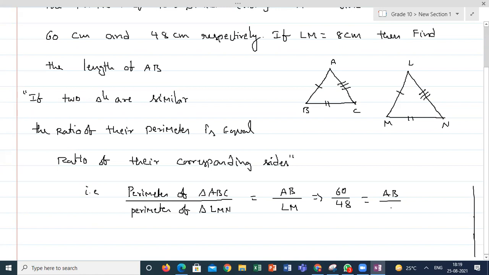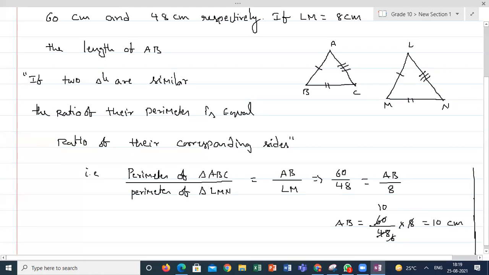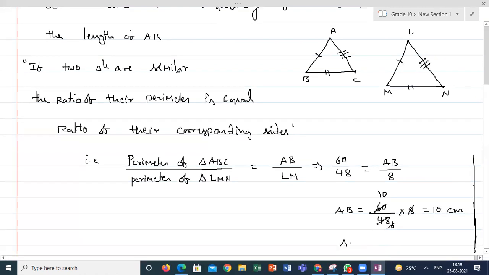The length of LM is 8 centimeter. So the value of AB is 60 by 48 into 8. 8 sixes are 48, 6 tens are 60. So this is 10 centimeter. The required length of AB is 10 centimeter. This is how we can calculate the length of AB.